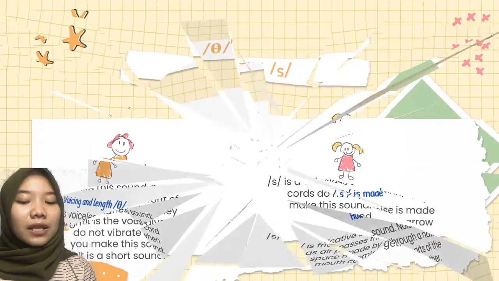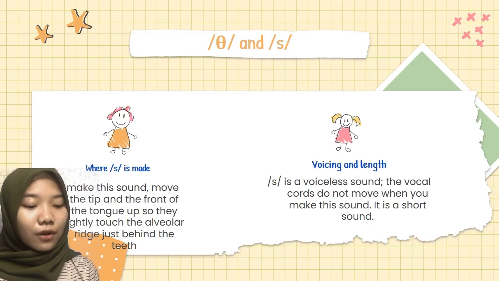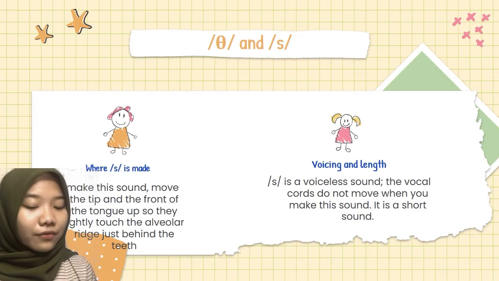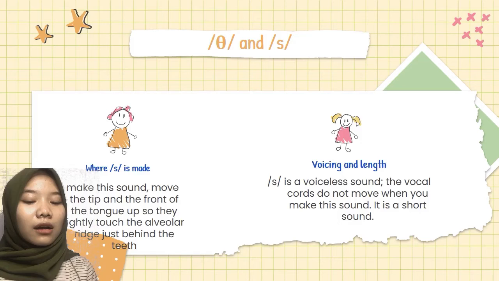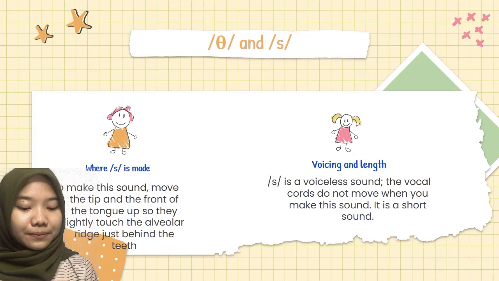Where th is made? To make the sound, move the tip and the front of the tongue up so they lightly touch the alveolar ridge just behind the teeth. Be careful that the tongue is not on the teeth, but just behind them.